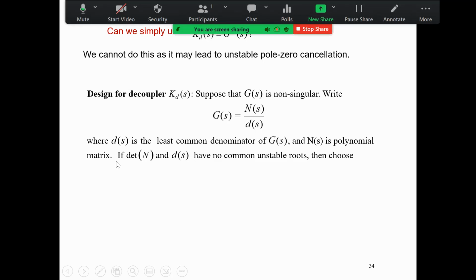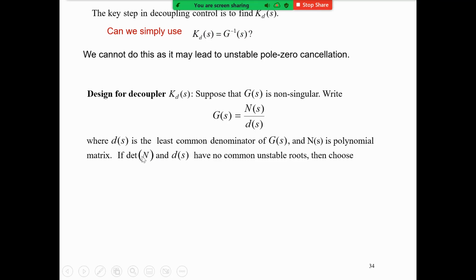Okay, and then you try to compute the determinant of this matrix N. If this one and the denominator of this G have no common unstable roots, you just simply take this KD as the adjugate matrix of N. Of course, all the elements in this KD will be polynomials.